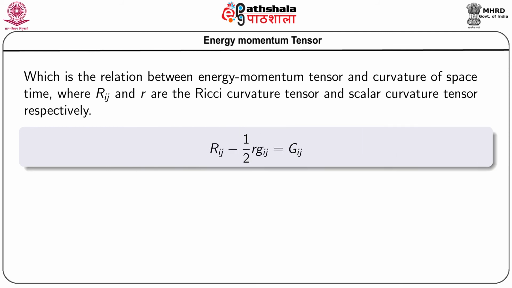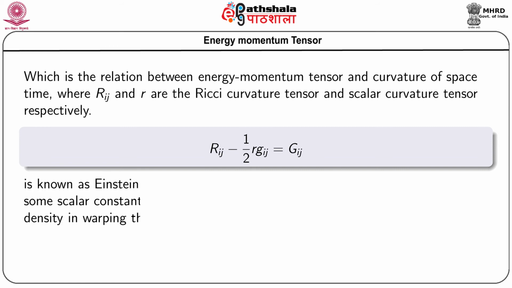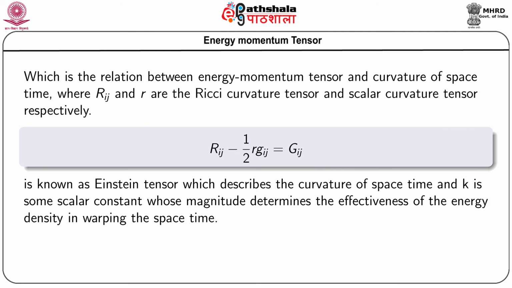And this can also be written in this form: R_ij minus half R g_ij is expressed as G_ij, and this is called the Einstein tensor.